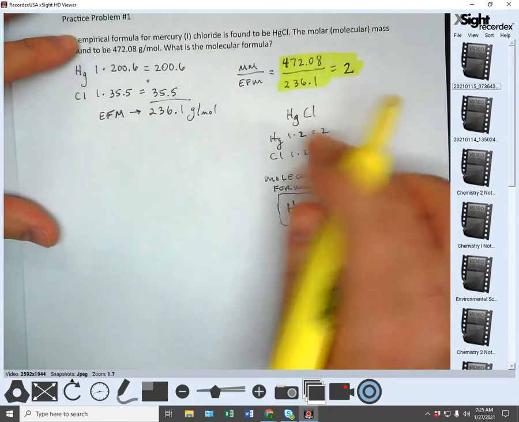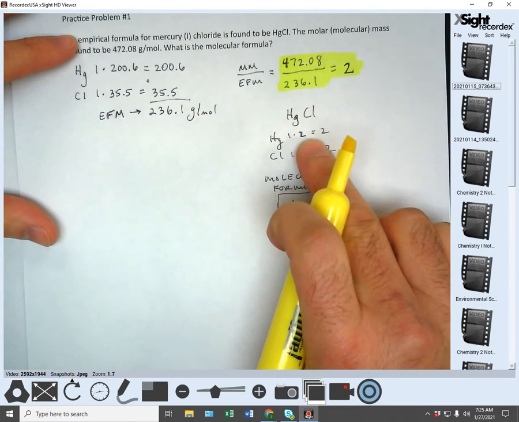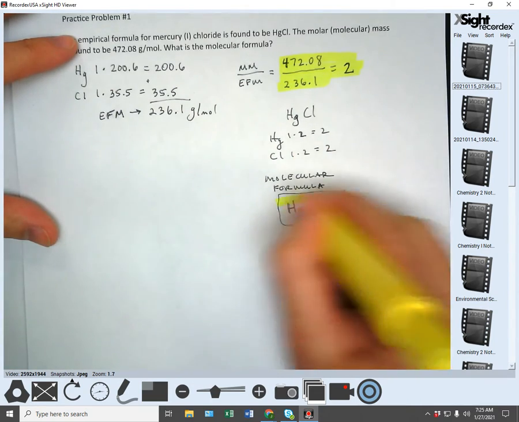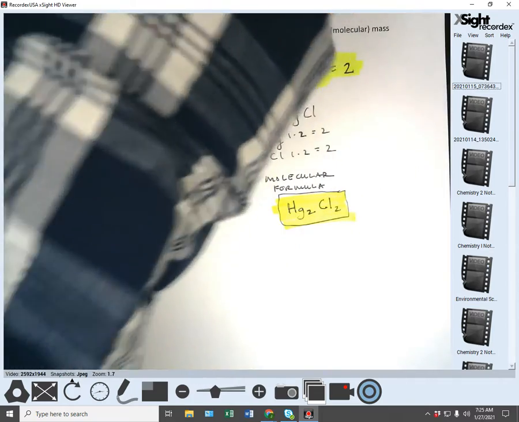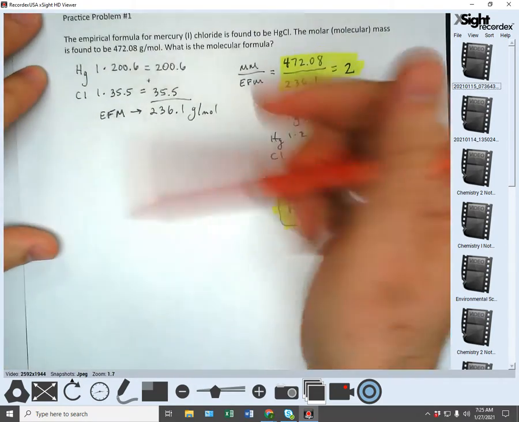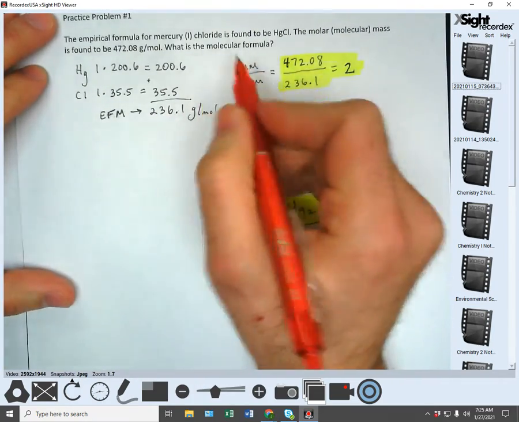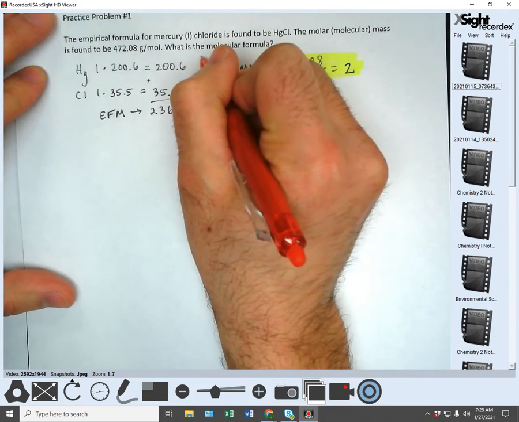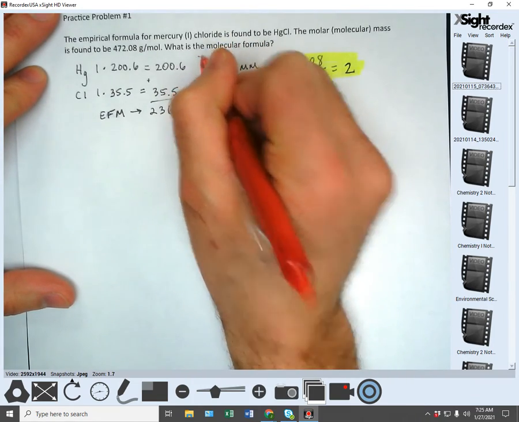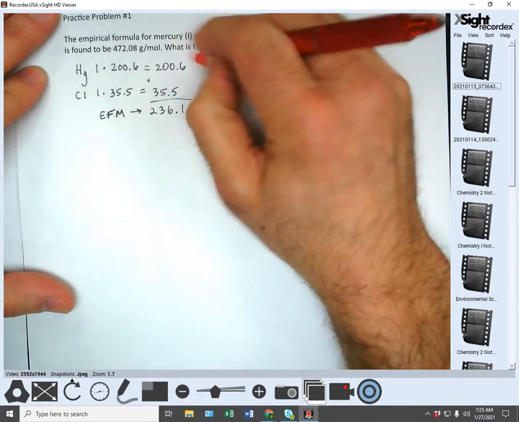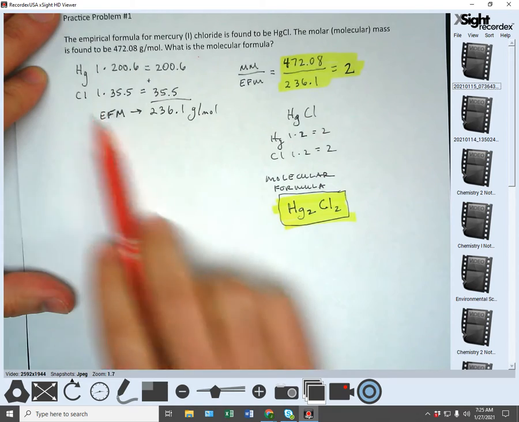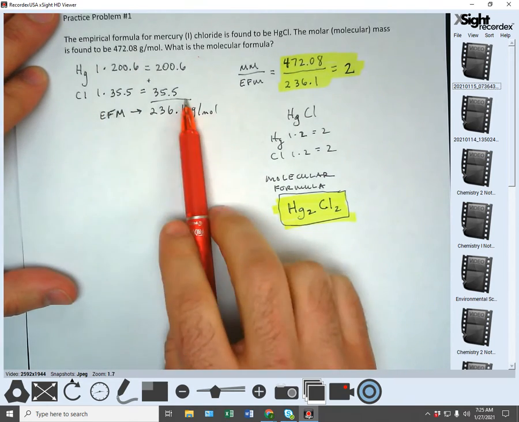You do not need to show this multiplying. This part here, calculating the empirical formula mass, I'll make this part optional. I'm not going to circle it, you guys can see it. I'm going to make showing this work optional. You have to do it, obviously. Showing that work can be optional.